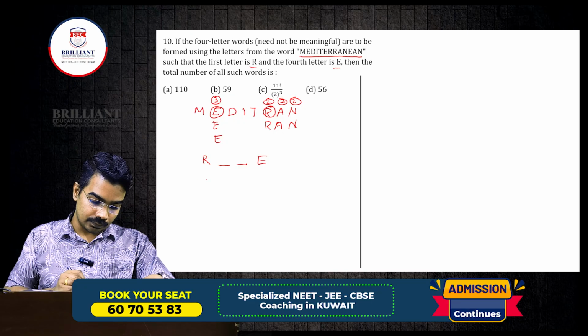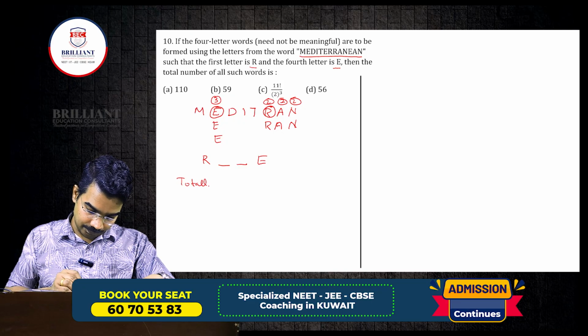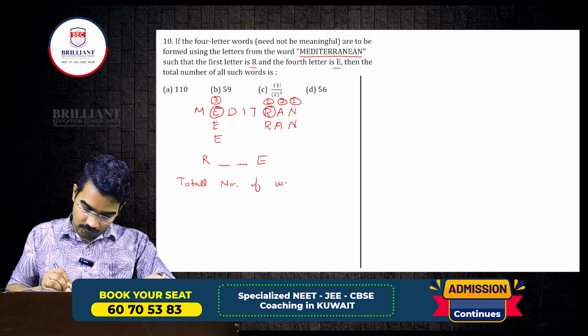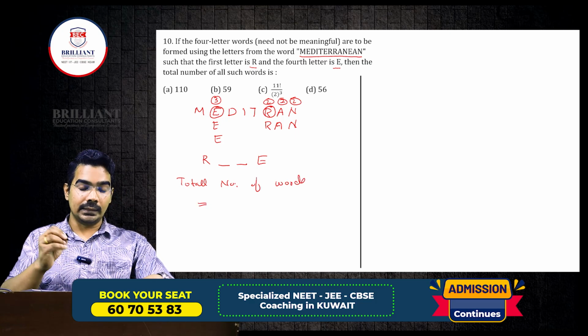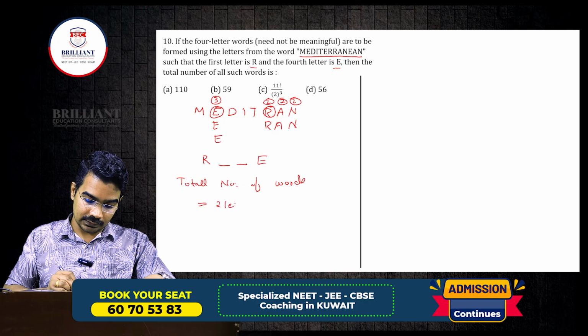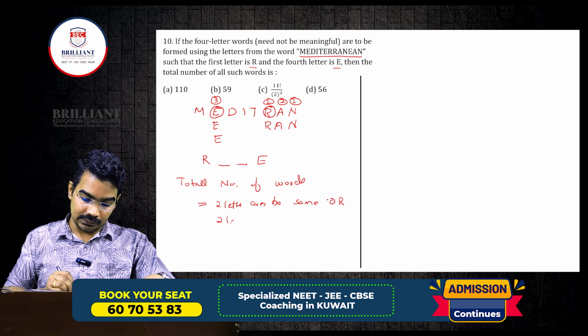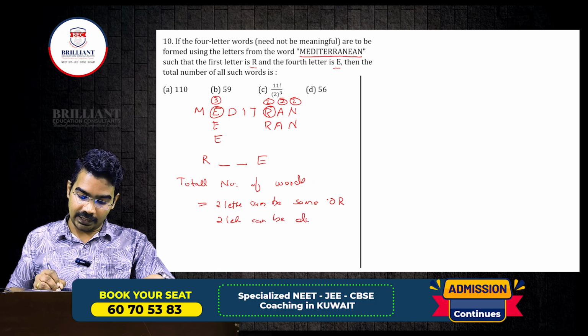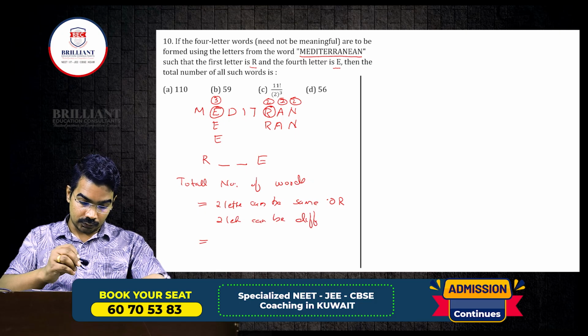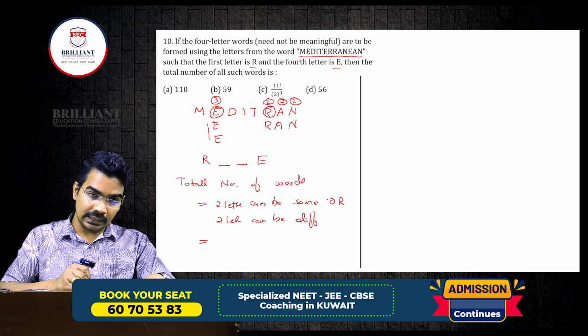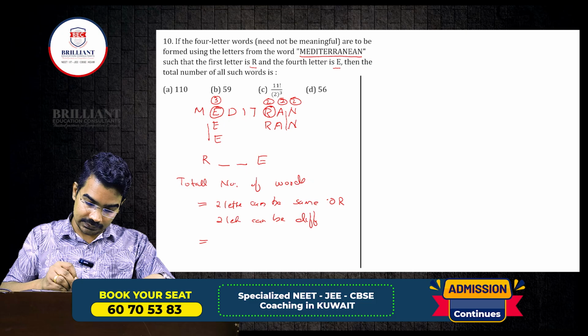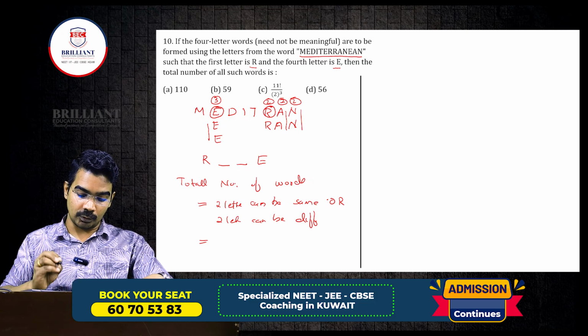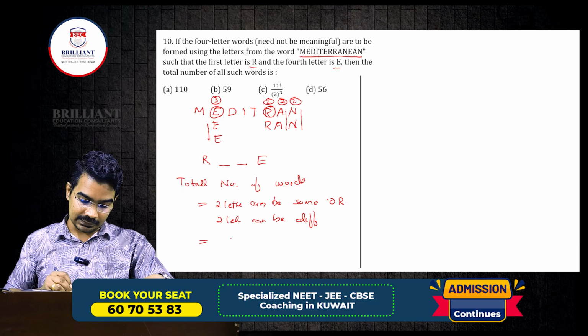So the total number of words is equal to, either the 2 letters are the same or the 2 letters are different. If you look at the remaining options, for E there are 2 letters, for A there are 2 letters and for N there are 2 letters. So the possible options for the same letters are 3, or is coming, so that means plus.